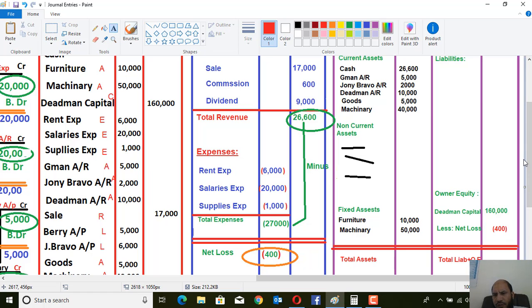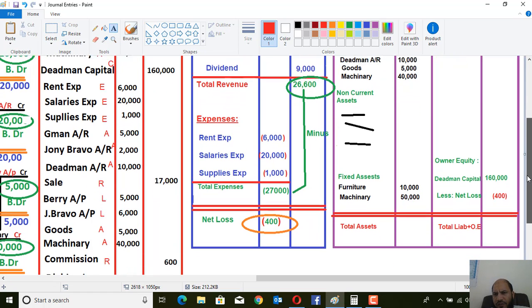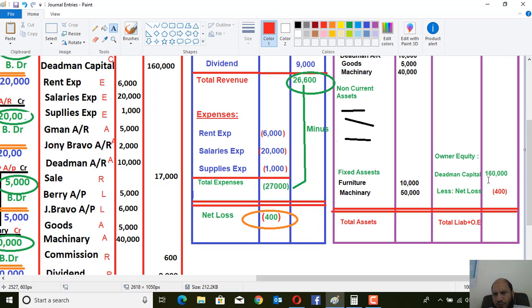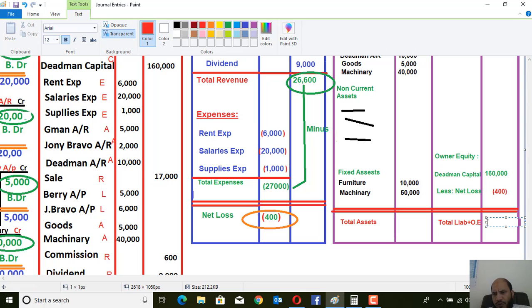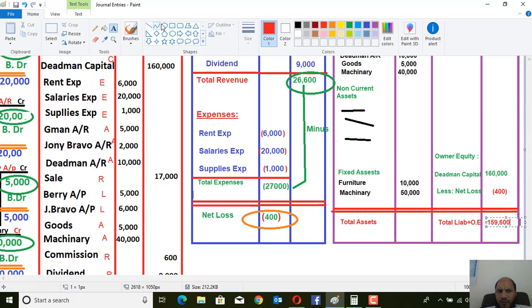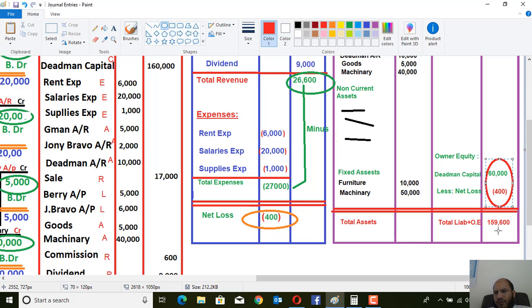For example, we have 160,000 over here minus 400, so this is equal to 159,600. We have added these two, so this is equal to 159,600, and we have minimized 400 from it.